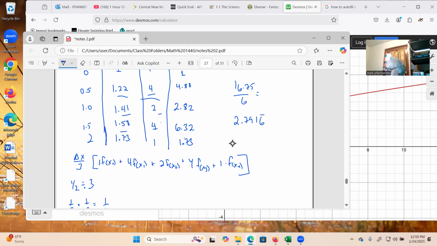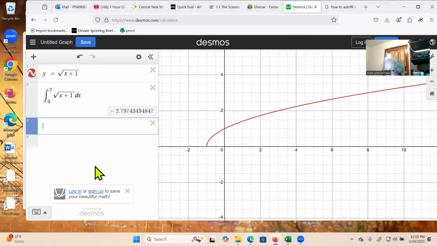Okay, that's my answer for Simpson's method for doing all of this. And because I have Desmos available to me, I just want to show you how close we actually got. So go back to Desmos. We have 2.7916, and this is 2.797. So we are a bit off. That's okay. But that's how you kind of do a problem like this.